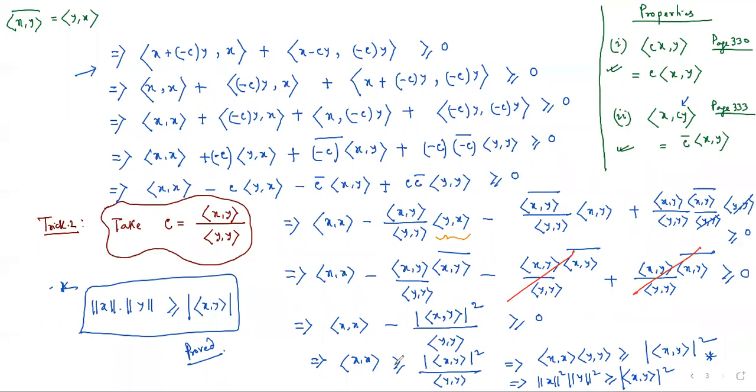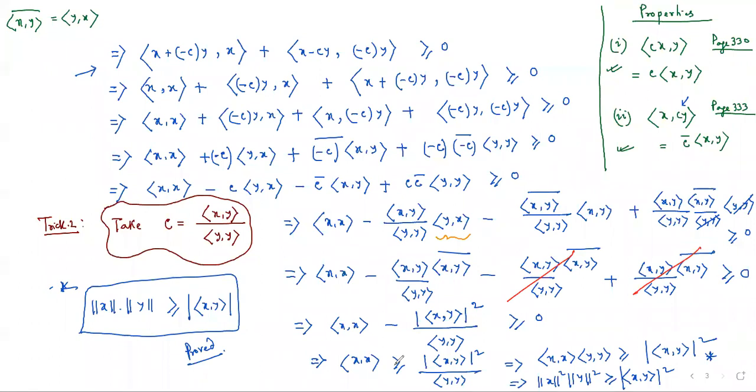Never forget it. As a starting point, when the Cauchy-Schwarz inequality is given to us, we have to start with norm of x minus cy whole square greater than or equal to 0. That is my starting point.